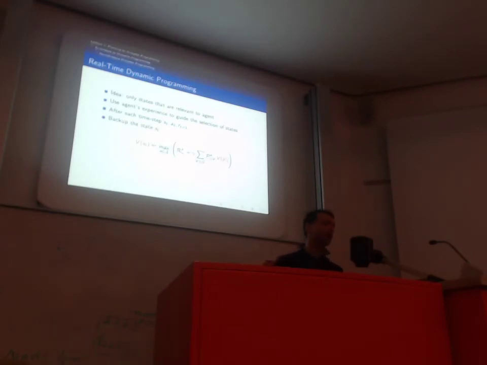At every time step t, we pick that state to be the root of our backup diagram. We focus on that state, S_t, and do one backup. We consider all the things that we could have done from there and update the value function, and then look at the next state the agent actually walked to.